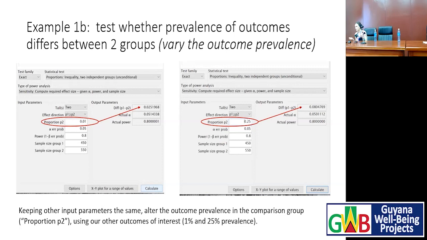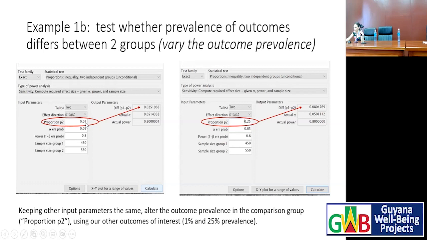But now we're also interested in more rare outcomes that's only 1% prevalence, and a more common outcome that's 25% prevalent. So we could see what would happen in those scenarios by changing this proportion P2, the proportion in the unexposed group.